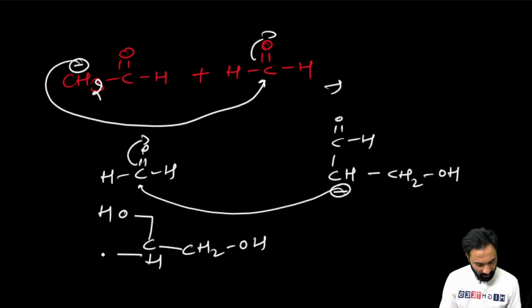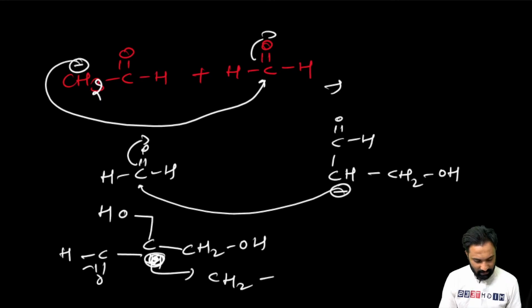Again we have here an aldehyde. Again this aldehyde, and again we have formaldehyde. Again here we have one alpha hydrogen. You can see, again this alpha hydrogen will go and attack.